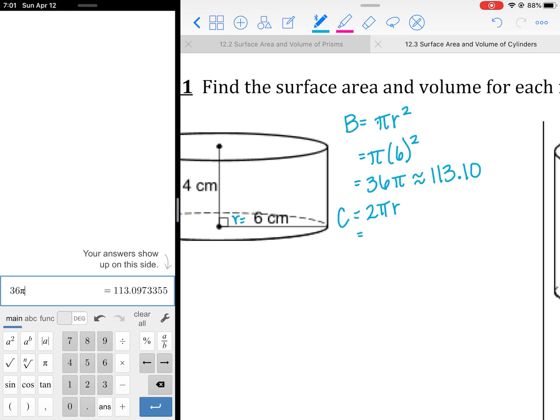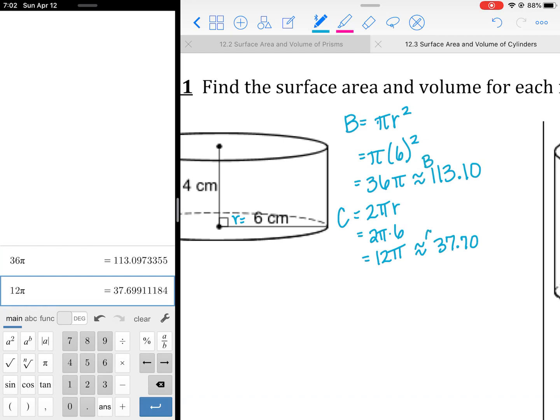If I plug this in, 2 pi times 6 is going to give me 12 pi as my exact answer if something's asked for in terms of pi, or I can estimate that by typing it in with the pi button, and that gives me 37 point, and then again I have a 9 that's going to round up, so this would be 37.70 as my circumference. So I have my base and I have my circumference when my formulas need them.